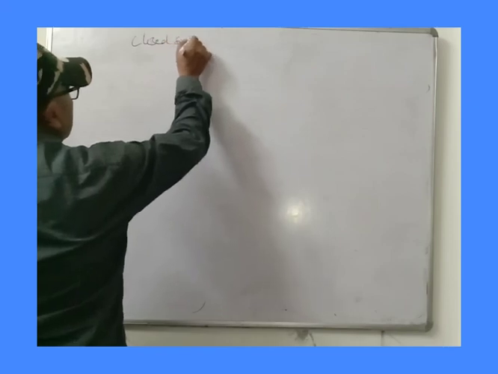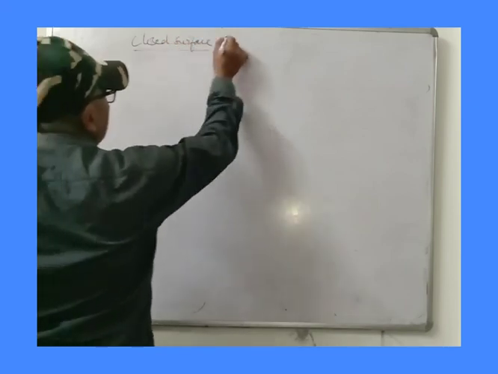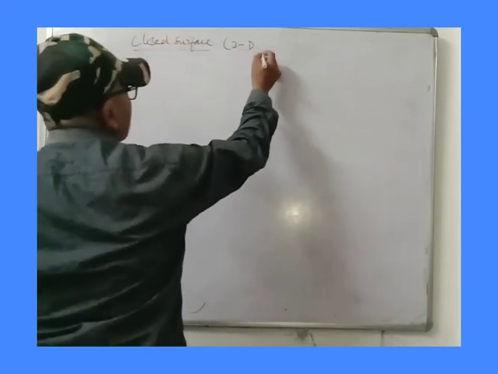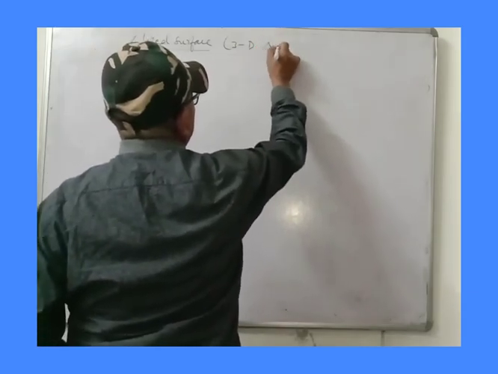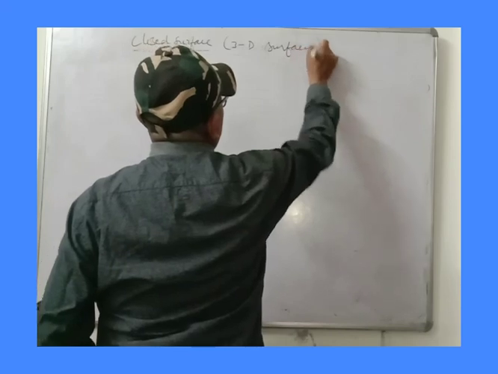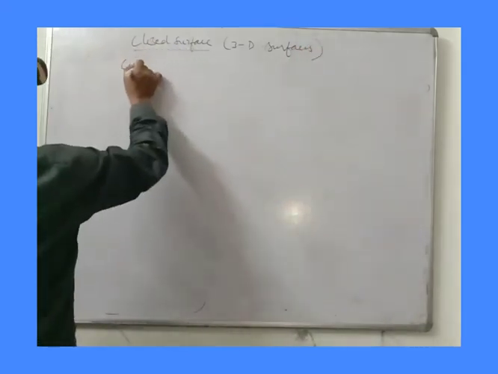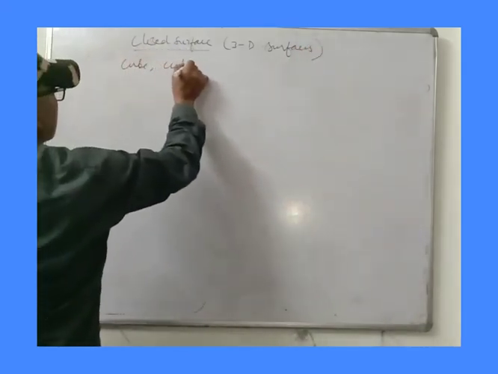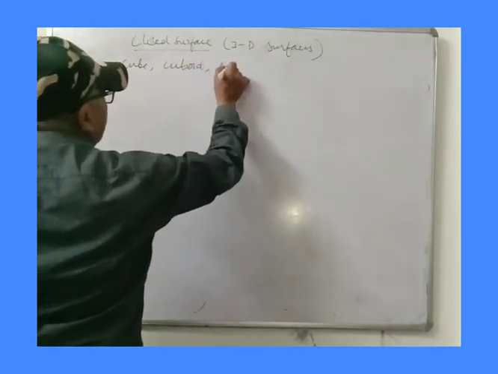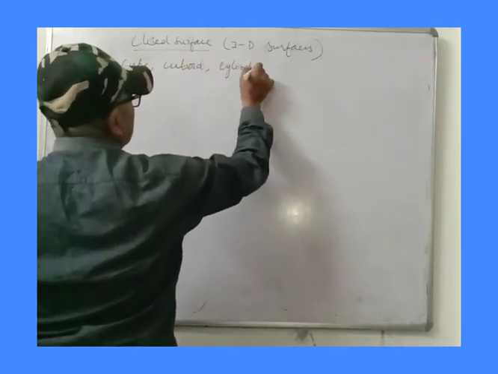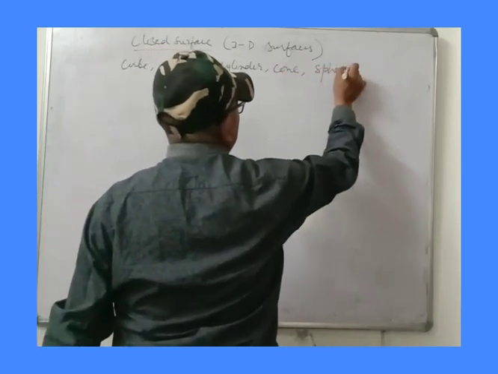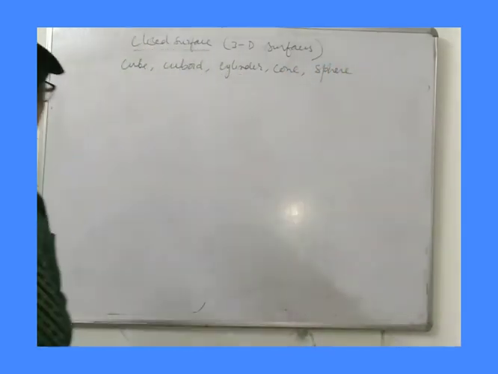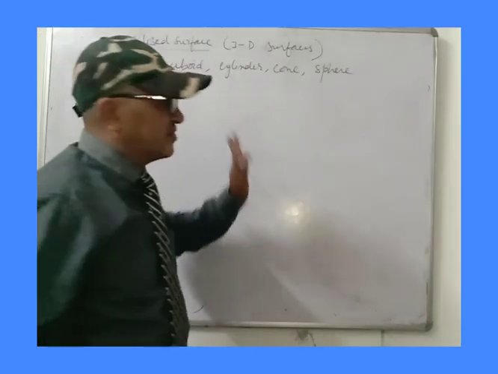Closed surface means 3D planes or surfaces. What are 3D surfaces? Cube, cuboid, cylinder, cone, sphere, all these things. Three-dimensional surfaces.